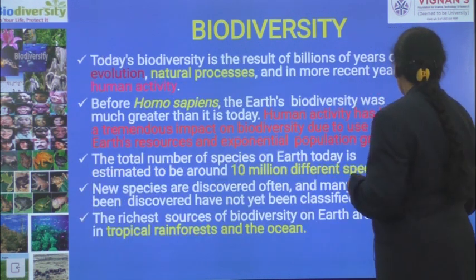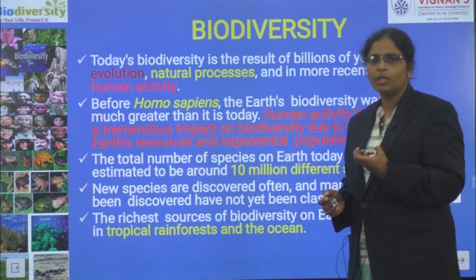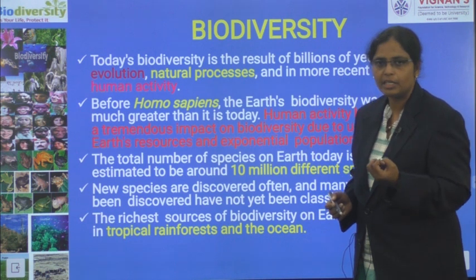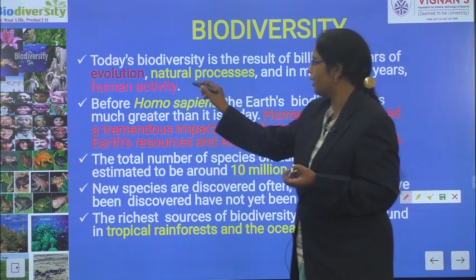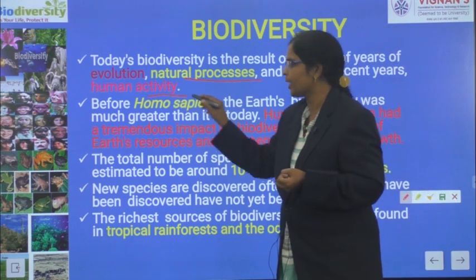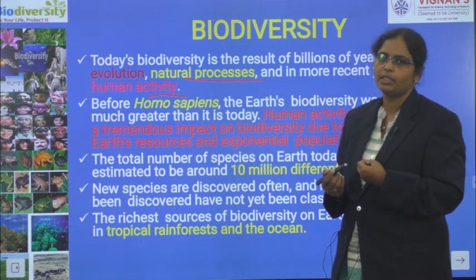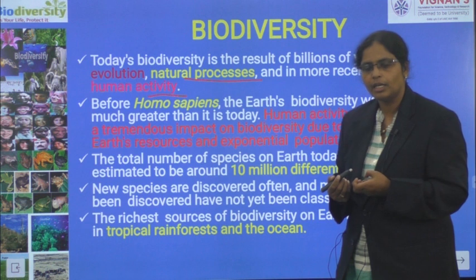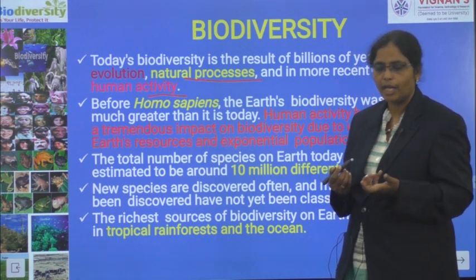Today's biodiversity is the result of the evolution of living organisms over the past million years, and this evolution is sometimes through natural processes and sometimes because of human activity. We are now seeing the biodiversity that evolved around a million years ago.